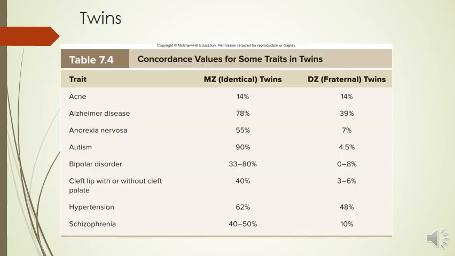This table shows concordance values for some traits in twins, comparing monozygotic twins and dizygotic twins. Let's remember that diseases caused by single genes approach 100% penetrance, whether dominant or recessive, and also approach 100% concordance in monozygotic twins.